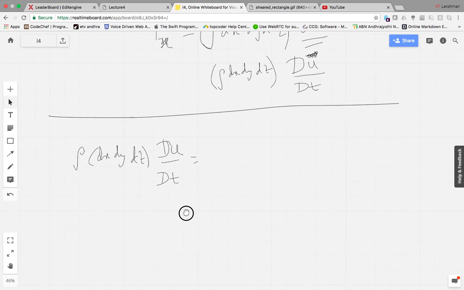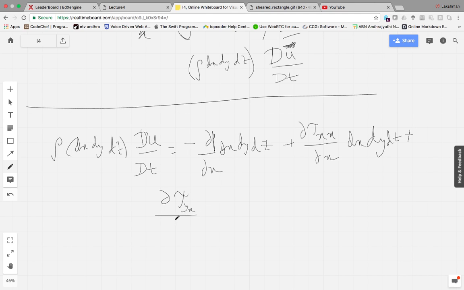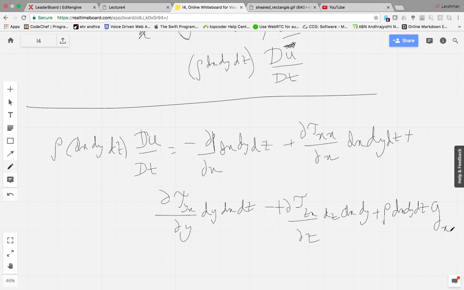This complete derivative is equal to the net terms we have here, so we just need to write them down. You will get the final result as minus dp by dx dx dy dz plus del tau xx by del x dx dy dz plus del tau yx divided by del y dx dy dz plus del tau zx divided by del z dx dy dz plus rho dx dy dz gx.